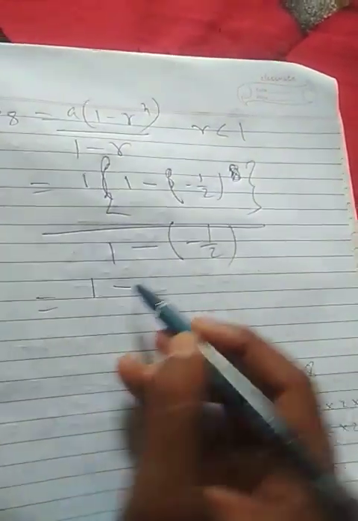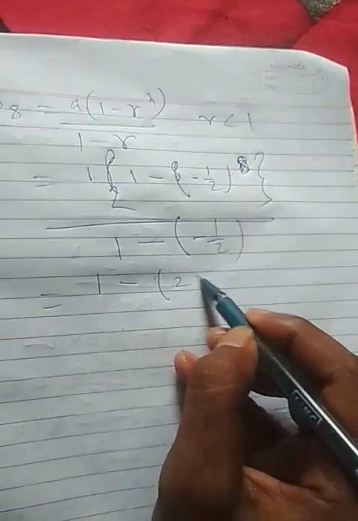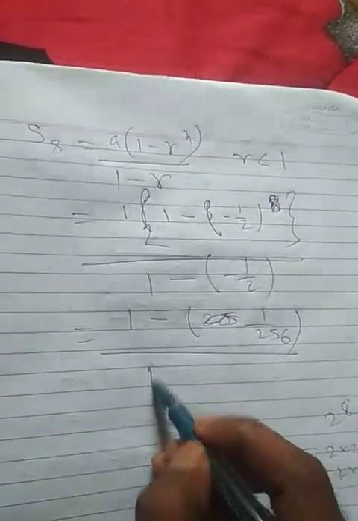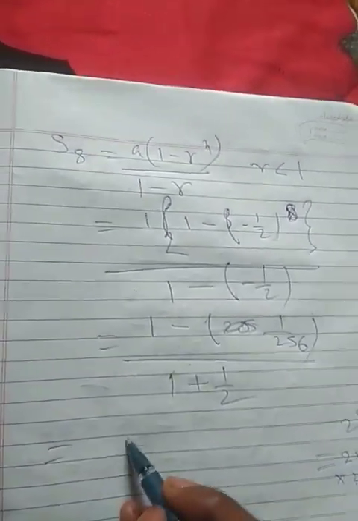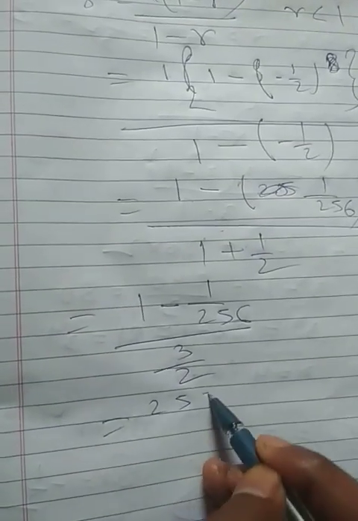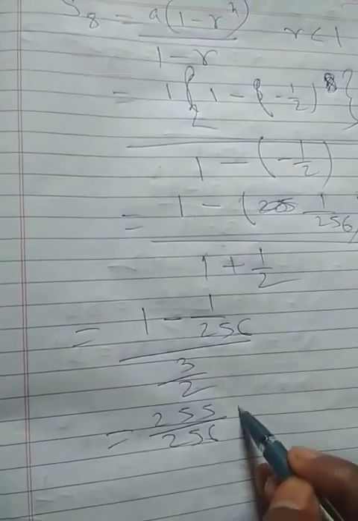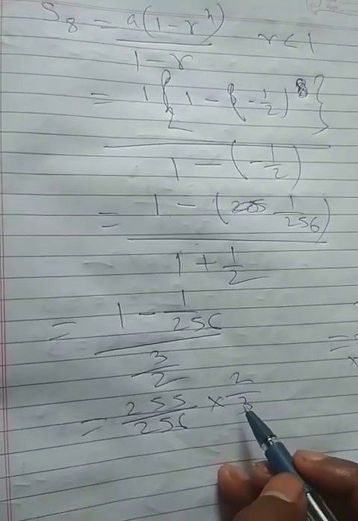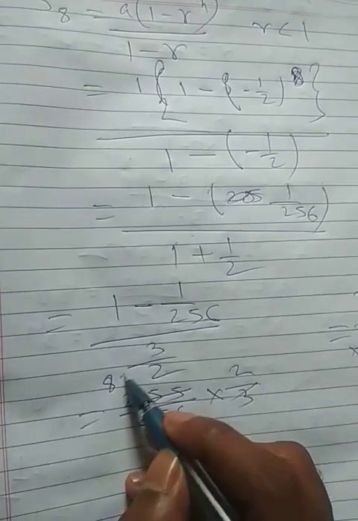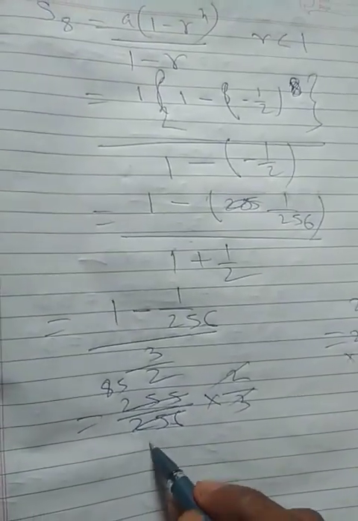So I got 1 by 256, and here 1 plus half, so 1 minus 1 by 256, and there is 3 by 2, that means I got 255 by 256 into 2 by 3. So I got 85 by 128, that is the answer.